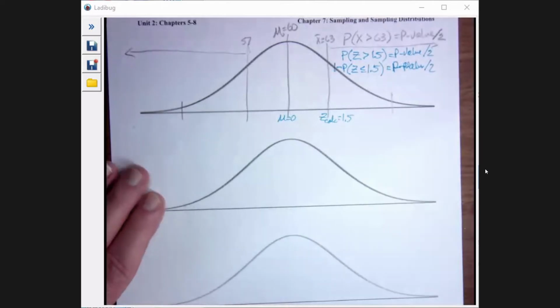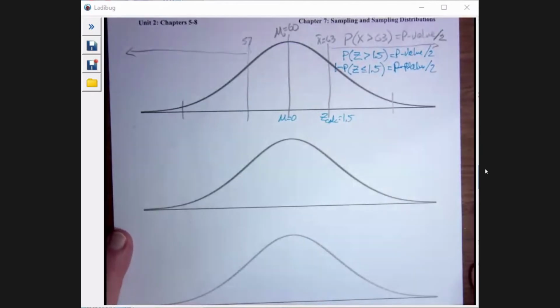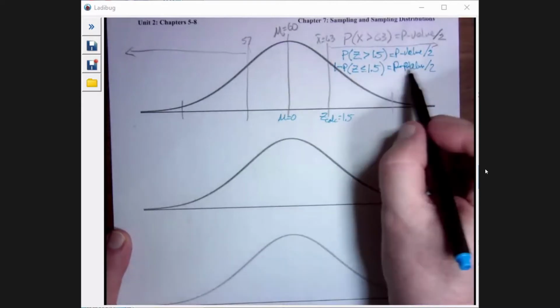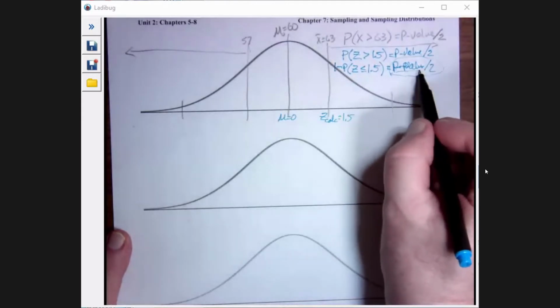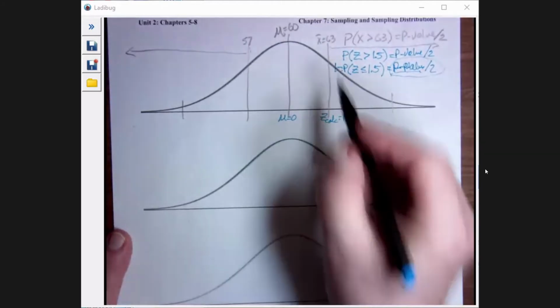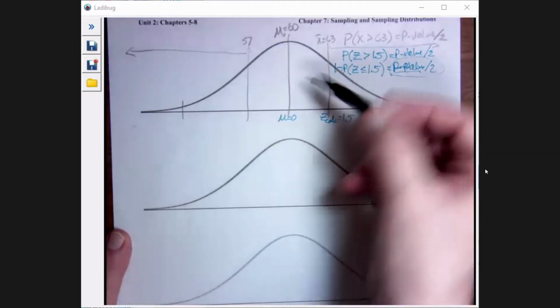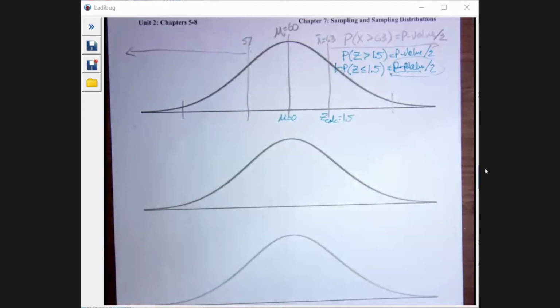There we go. So it is p-value divided by 2, not 1 minus p-value divided by 2? Oh, it's 1 minus p. Okay, this is the p-value divided by 2. What we want is the p-value, so we're going to end up multiplying this by 2. We're going to take the complement, which is 1 minus the area to the left is the area to the right, and then we're going to multiply that by 2.